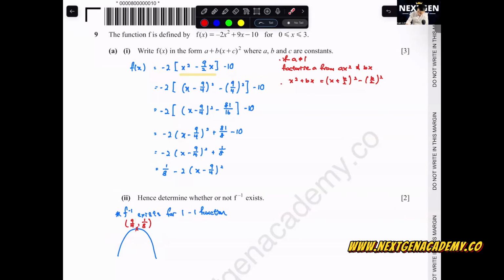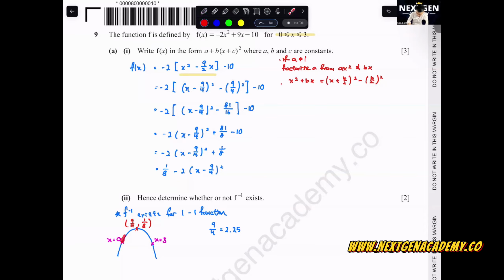The domain that they gave us right now is x from 0 to 3. Relative to here, where is 0 and where is 3? 9/4 is how much? 9/4 is 2.25. So 0 and 3 are probably somewhere here and here. This is our x equals 0 and x equals 3.